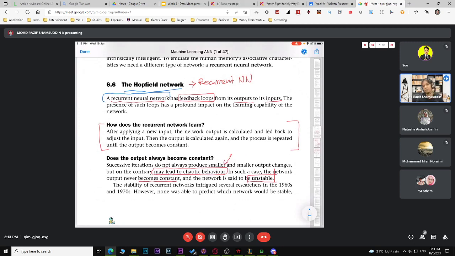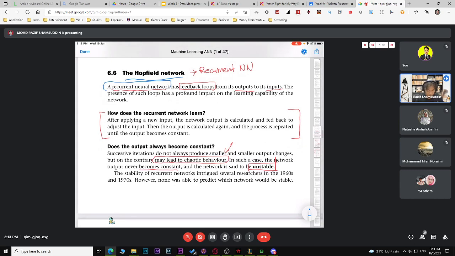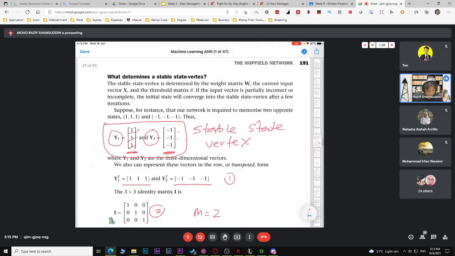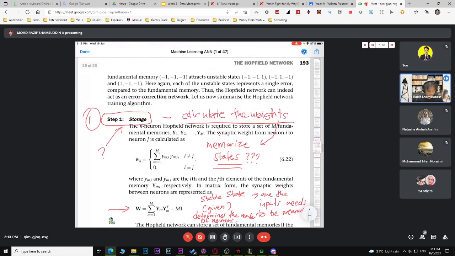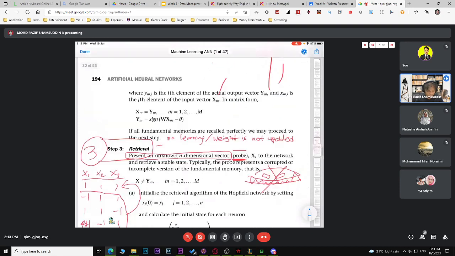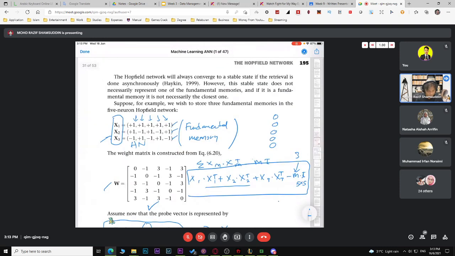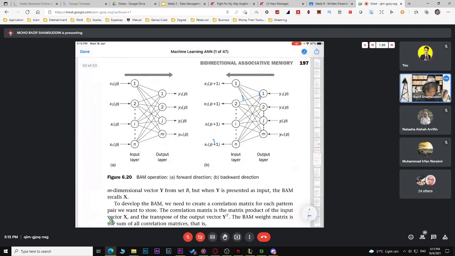Dia ada feedback loop. Okay, tapi untuk autoencoder ataupun bidirectional associative memory, dia tidak menggunakan feedback loop. Dia menggunakan forward direction dengan backward direction. Yang ini saya akan explain lah dalam next class.